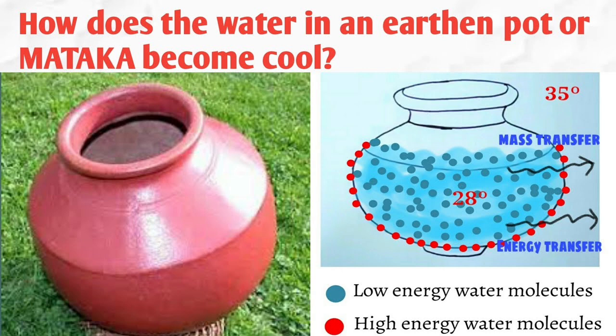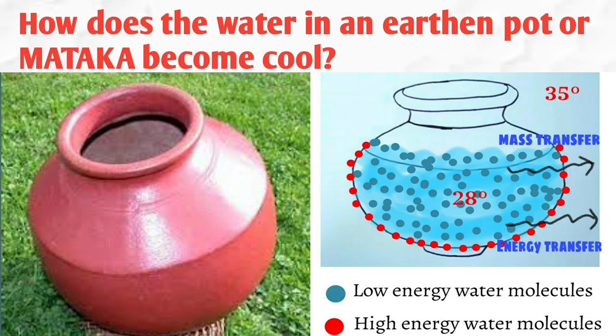But the energy does not affect the water inside the matka. Here in the right side picture, the red dots in the matka are energized by the surroundings and escape from the surface, but do not affect the inside water, the blue dots. So water becomes cool in summer days.